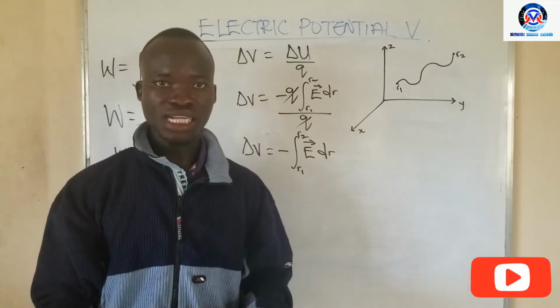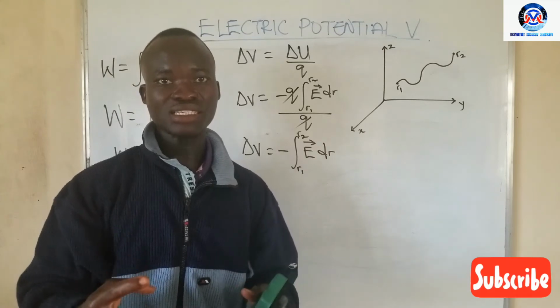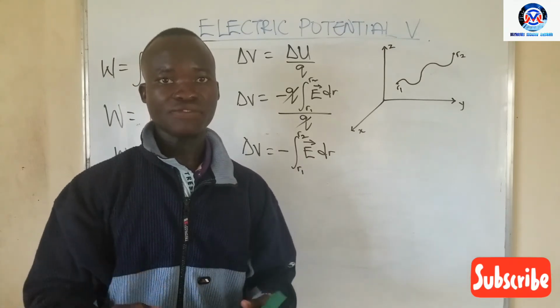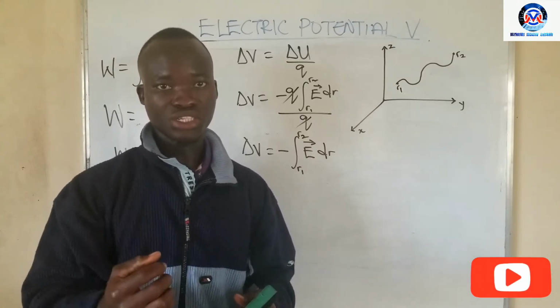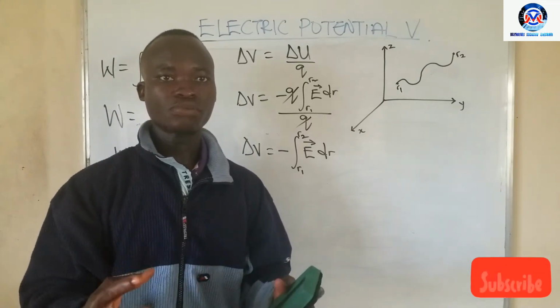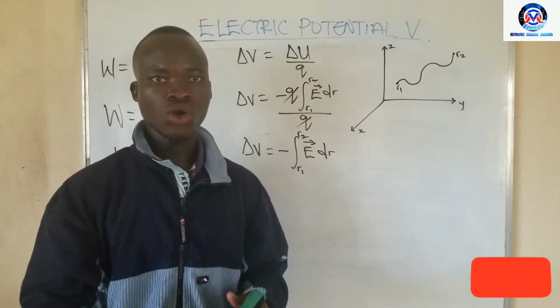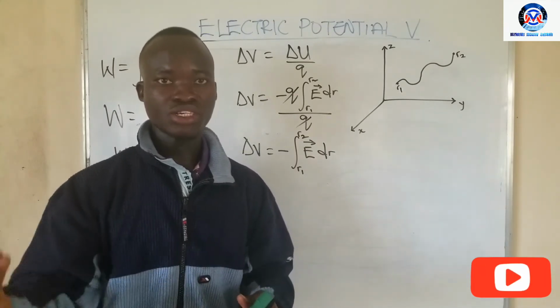Remember that points that are closer to the charge that is creating the electric potential have strong electric potential. But points that are far away from the charge have weak or low electric potential.